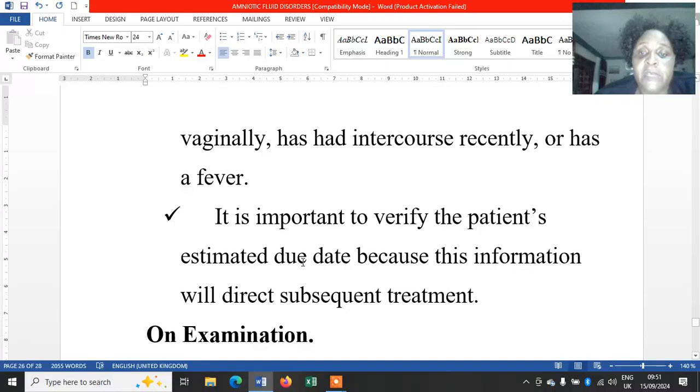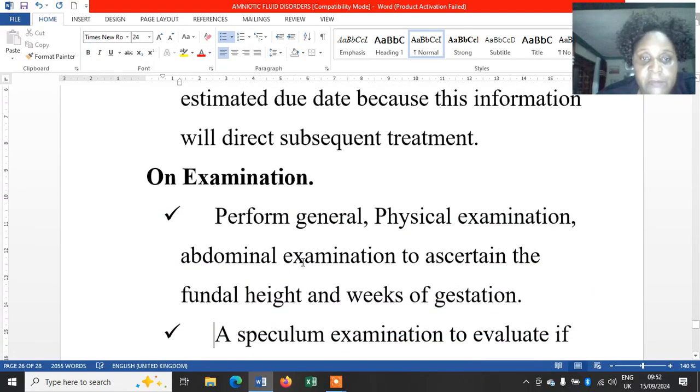It is important to verify the patient's estimated due date because this information will tell us the management. So we shall be able to ask the patient when is their expected date of delivery, or even we can calculate it, because this can give us the way forward on how to manage this patient.